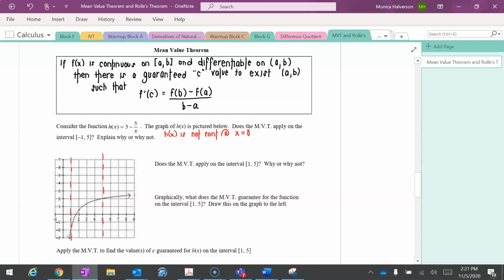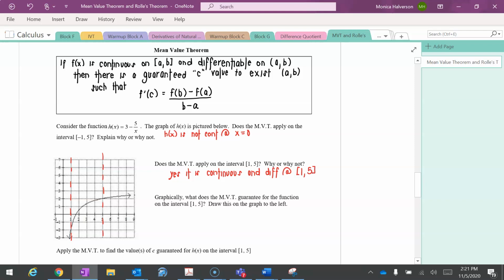So we know that we've met the continuous and differentiable factors. Now we have to figure out, does the first derivative equal the average rate of change? We can say yes right now for this question because it is continuous and differentiable on the interval 1 through 5.